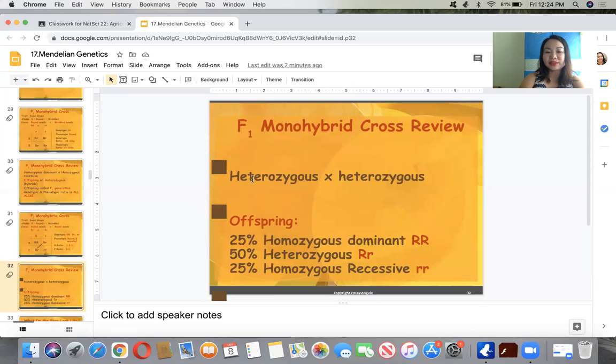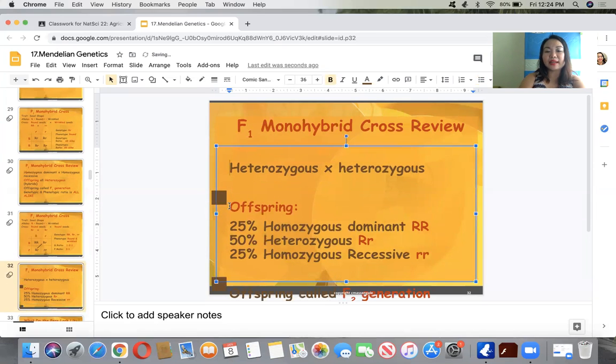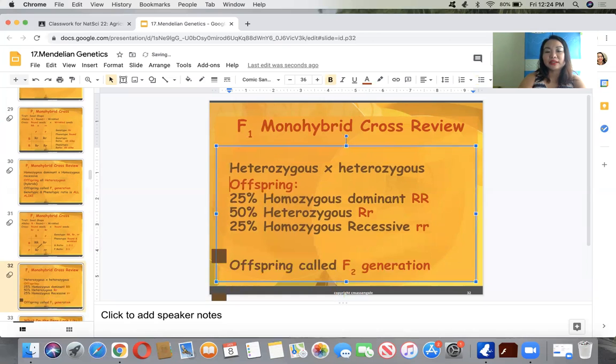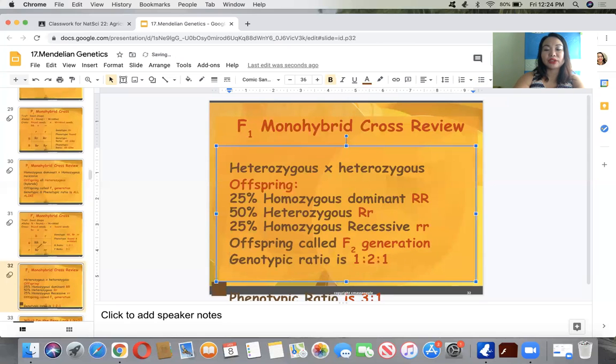As a review, in a heterozygous cross, the offspring would be 25% homozygous dominant RR, 50% heterozygous combination of big R and small r, and 25% homozygous recessive small r offspring for the second filial generation.